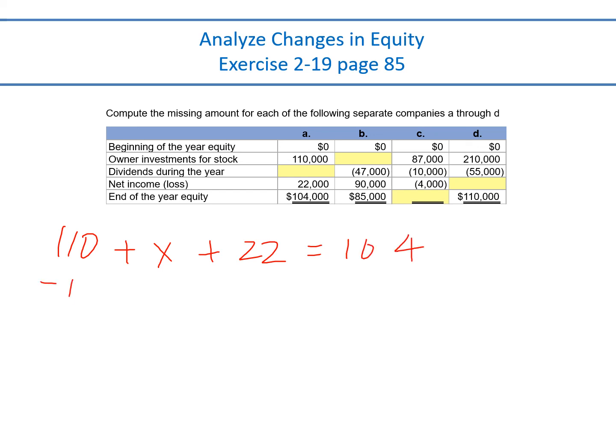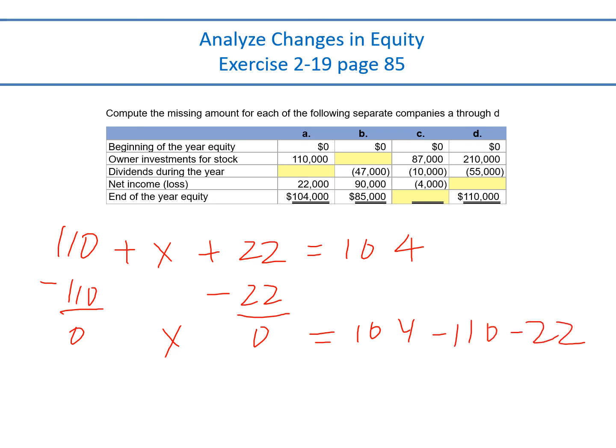If we subtract 110 and subtract 22 from both sides, we have 0, 0, and then we're left with X equals 104 minus 110 minus 22.